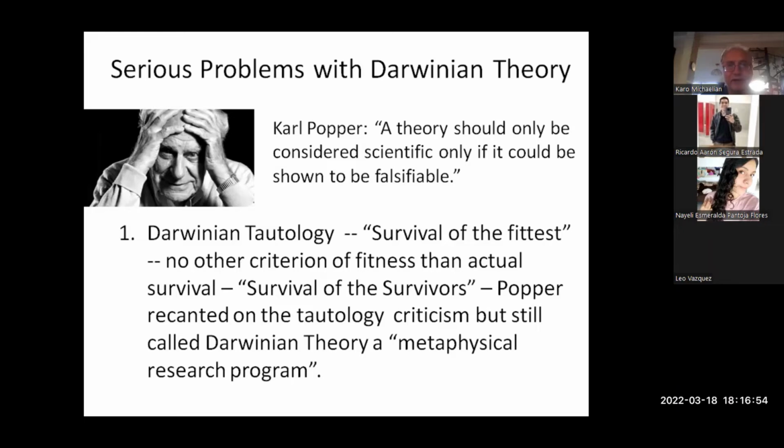Therefore, the theory of God, which you cannot show is not true, is not a scientific theory. And so we should spend our time on scientific theories and not on suppositions or propositions which cannot be falsified.